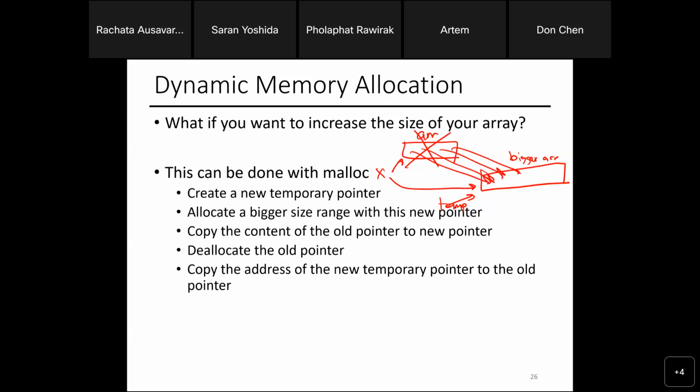When you do the copy, let's say y is the new location. You do star y equals star x, then star (y plus 1) equals star (x plus 1). Basically, copy item by item. And then afterward, x equals y to make sure x now points to the same location as y. You free x before you do x equals y.